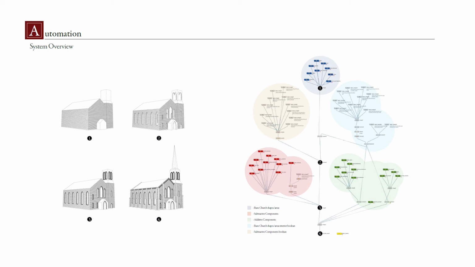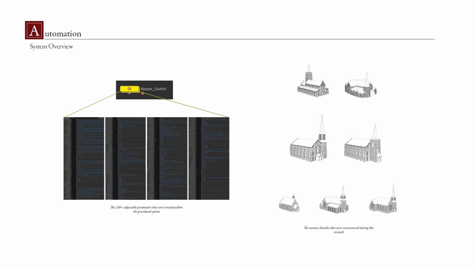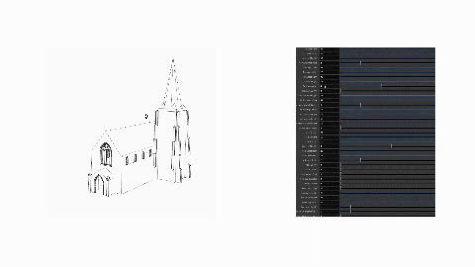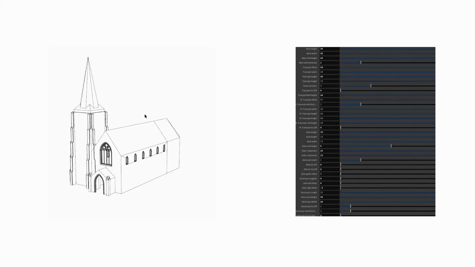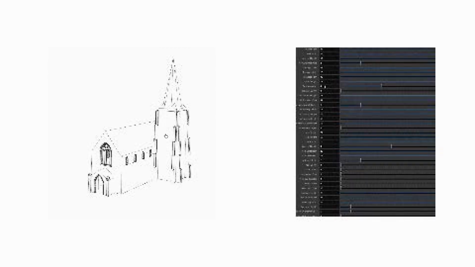But selecting each of these nodes and adjusting the parameters individually was very tedious, and so in order to make a preset system, I collated all of these parameters into a master switch node. And so essentially, all of these designs are merely a different organization of 250 numbers or parameters.